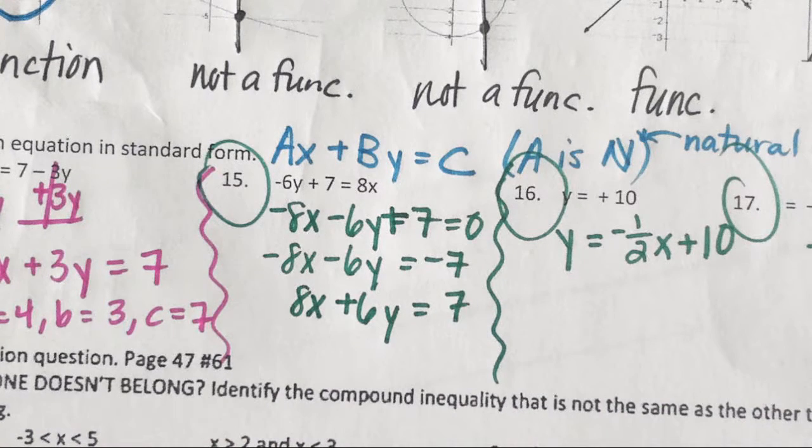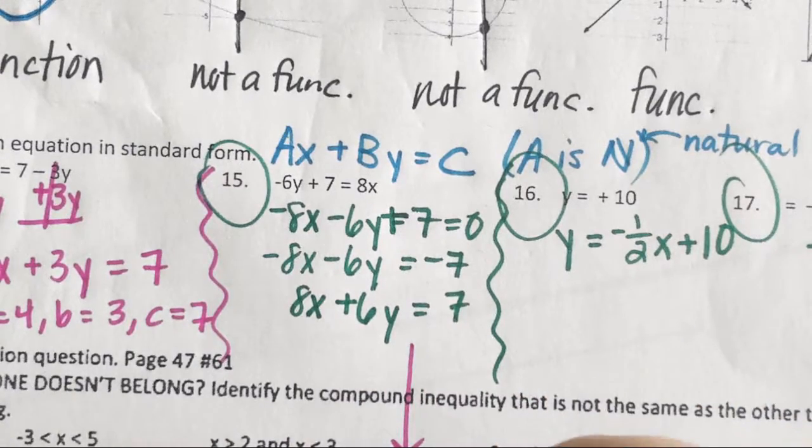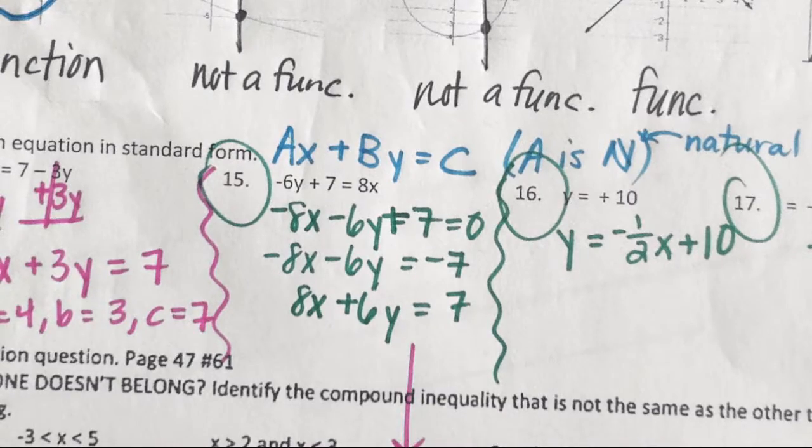Now, what Hunter did was make life way easier. That is me being ridiculous. I'm running out of room, so I'm going to write it down here. Our original problem was negative 6y plus 7 equals 8x.